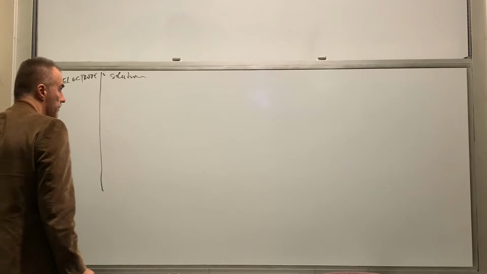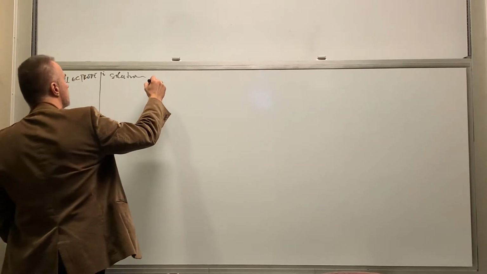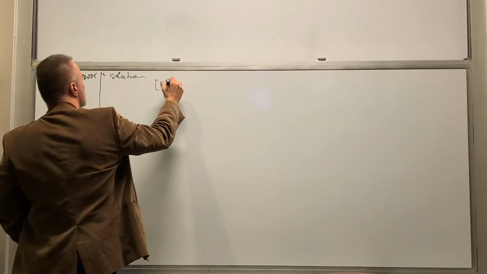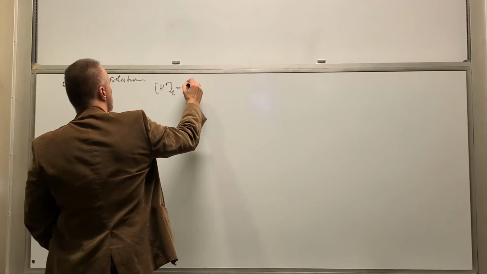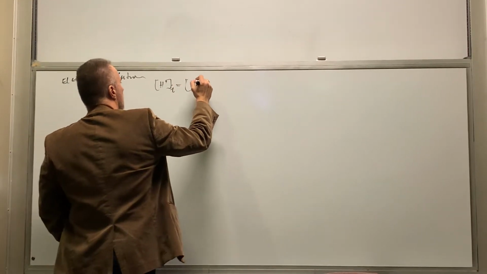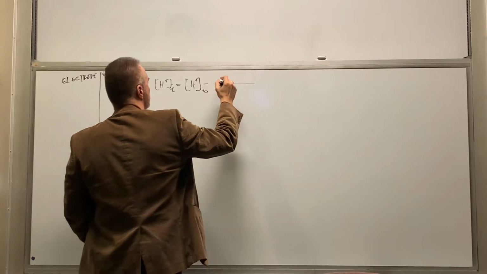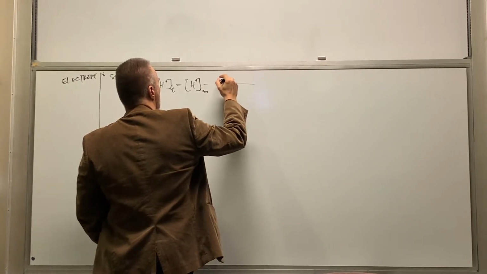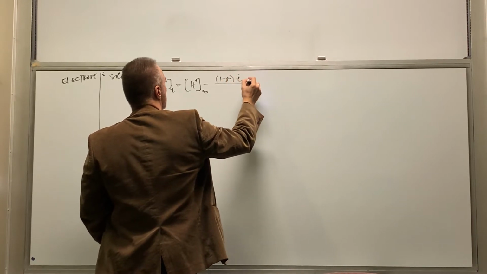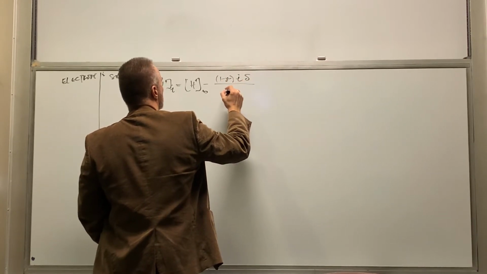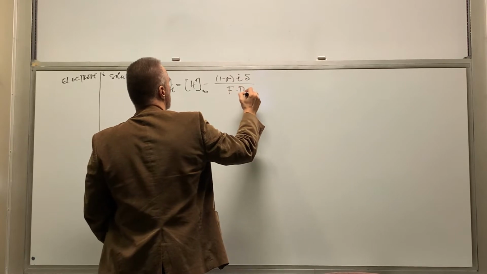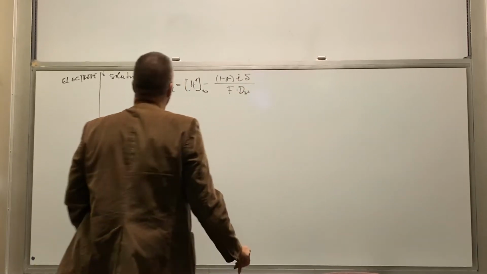We have derived the expression where the concentration of H plus at the interface is H plus in the bulk minus (1 minus gamma I) delta over F times D H plus, right?